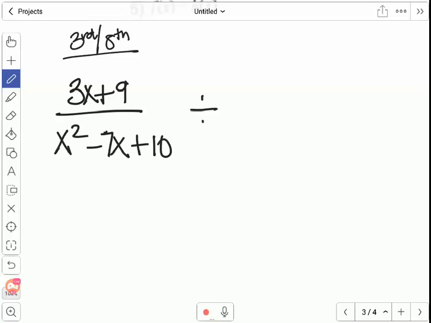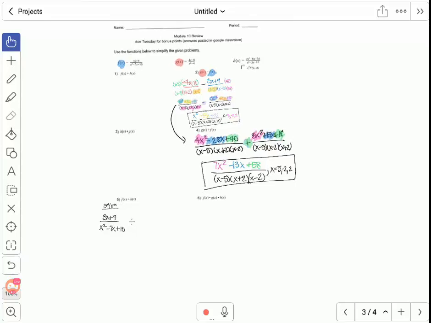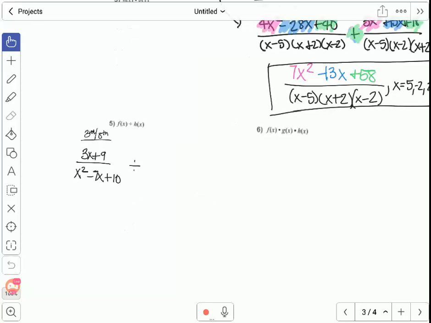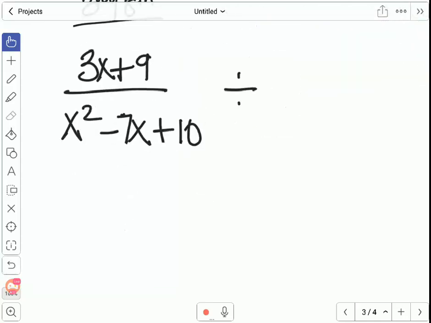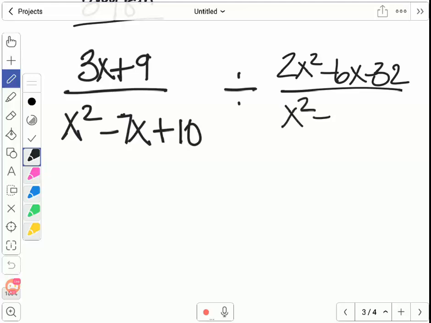And then I'm dividing that by, and I'm going to fill this in, 2x squared minus 6x minus 36 over x squared minus 3x minus 10. Okay, I wrote that problem down so I won't have to keep zooming back in and out. Alright, so I have 2x squared minus 6x minus 32 divided by x squared minus 3x minus 10. Again, I'll do this in just a second.